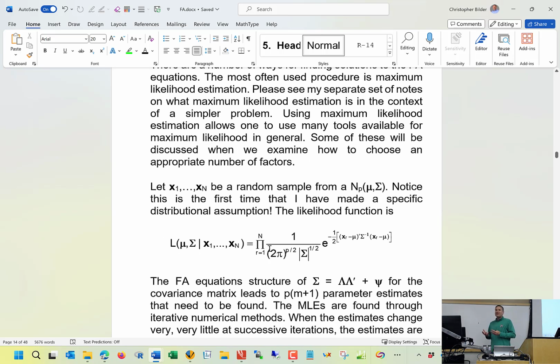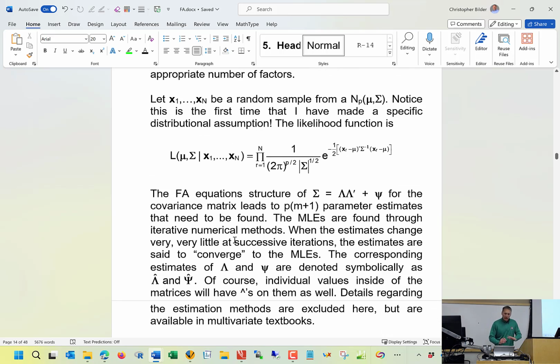So in our particular case, the likelihood function is much more complicated than what we just saw with the Bernoulli distribution. For our case, we have a random sample that results in vectors for each observation, x1 through xn. Previously, when I introduced factor analysis, I said we can assume it comes from a population that has some mean vector and some covariance matrix.